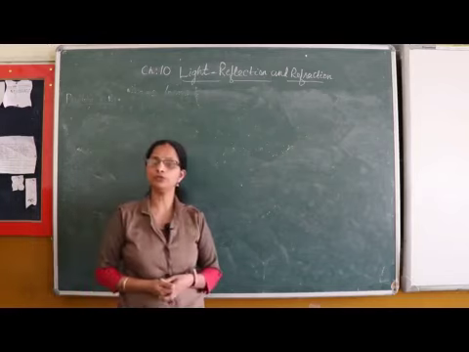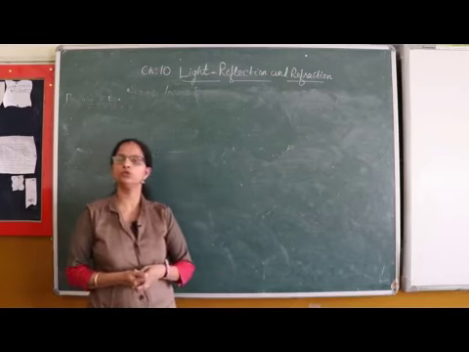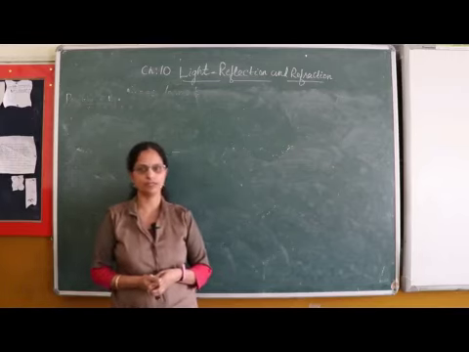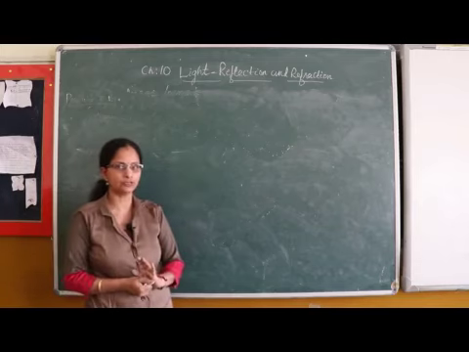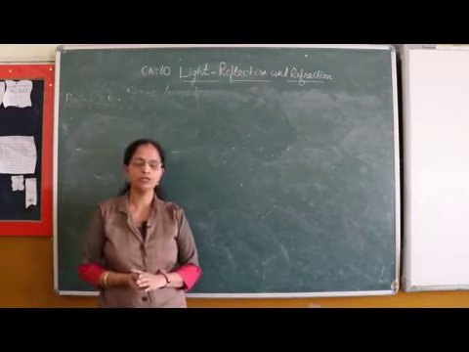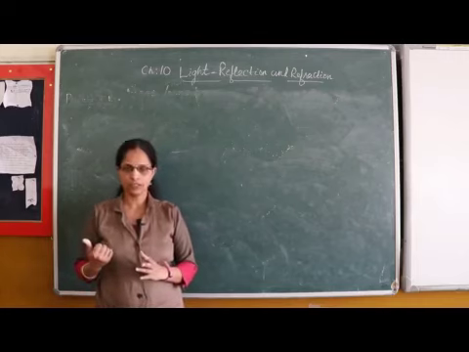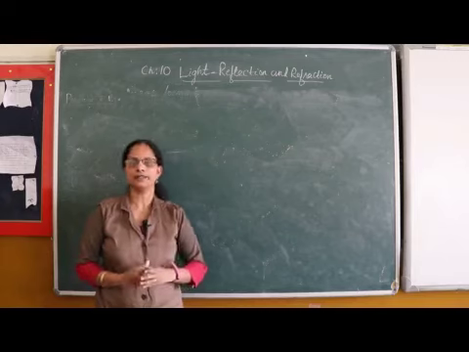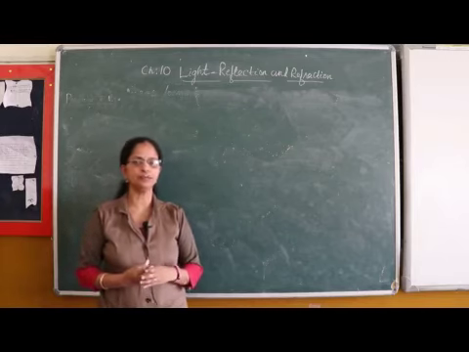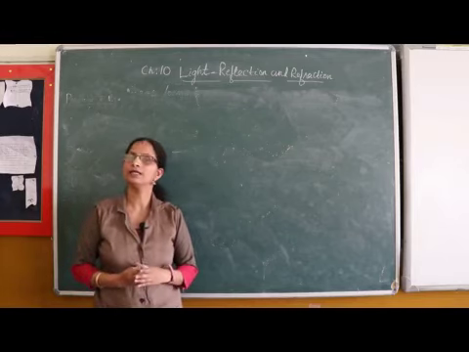Whereas the important use of convex mirror is that it is used as a rear view mirror in vehicles. The reason is what we have just seen in the image formation in case of a convex mirror. The object which is kept in front, the image formed is virtual, smaller and erect. Even though it produces a smaller image, the image produced is erect.